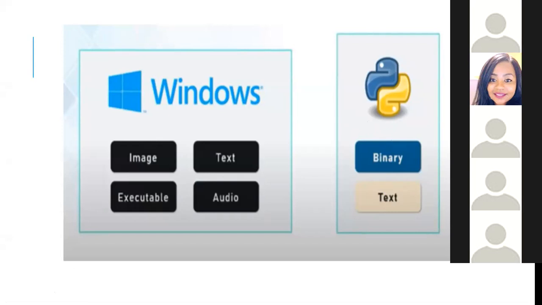Anything that is text is saved as a text file. Otherwise, anything else goes into a file as binary. In the past, we have talked about binary, zeros and ones. That is how Python refers to anything that is not text.